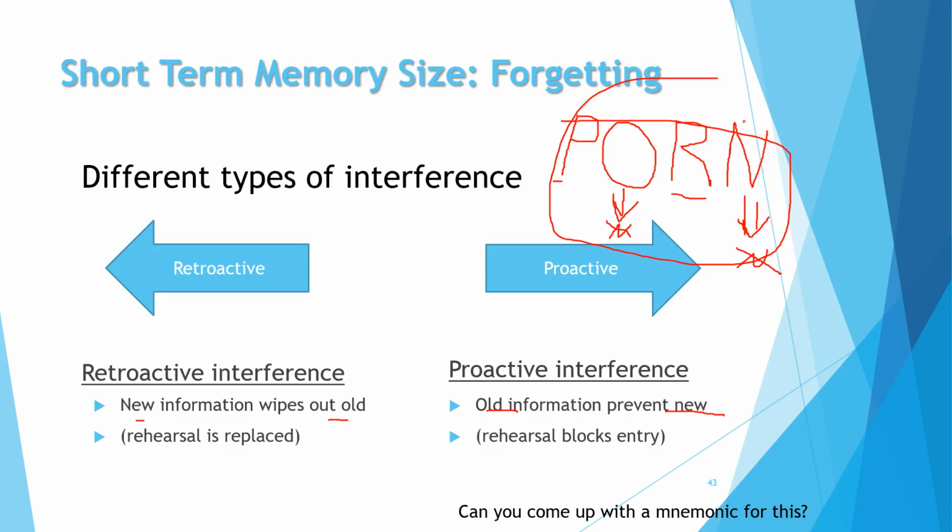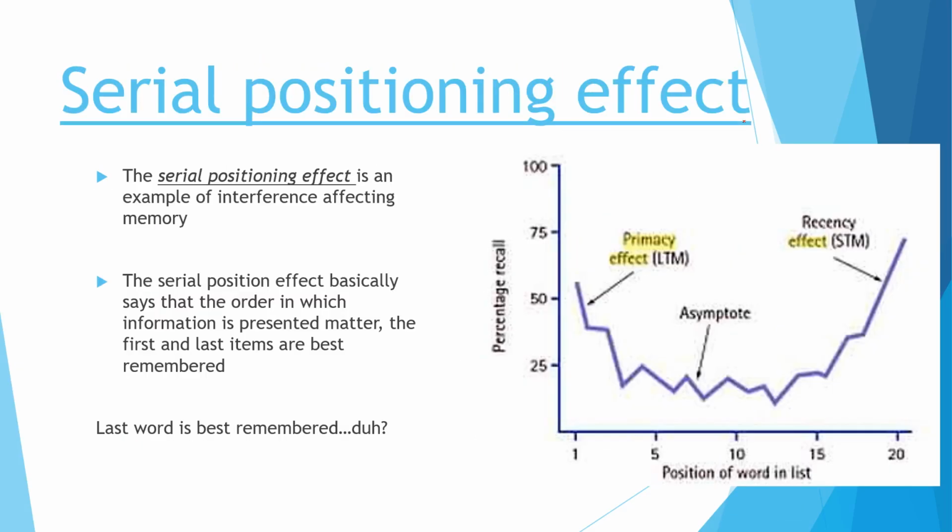Now that I've given you that mnemonic example, let's go back one slide to talk about the serial positioning effect. Okay, so the serial positioning effect is the idea that it's easier and harder to remember different things based on the order in which you learn them or you perceive them.